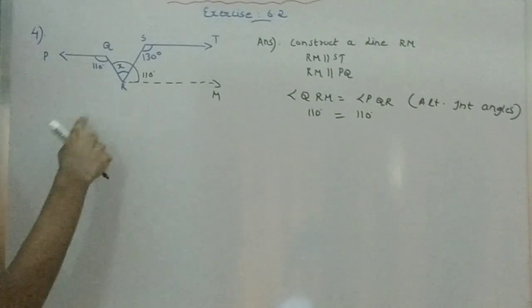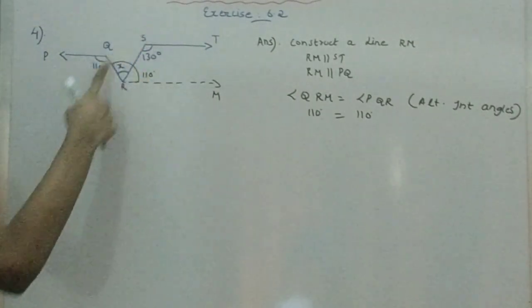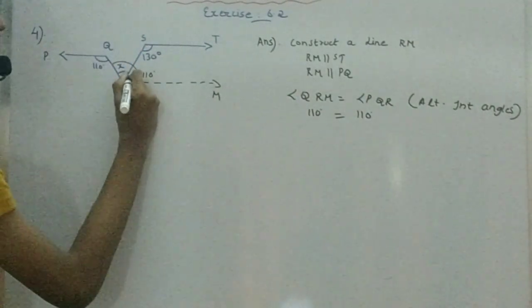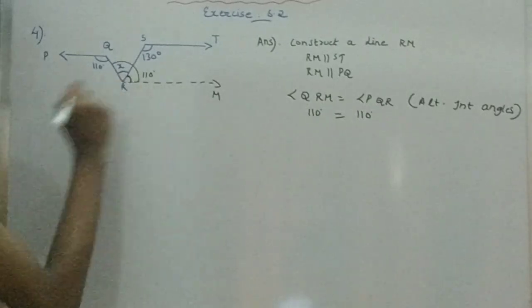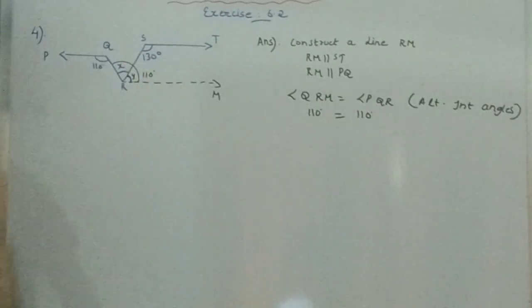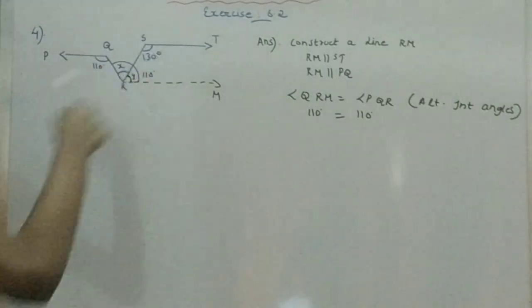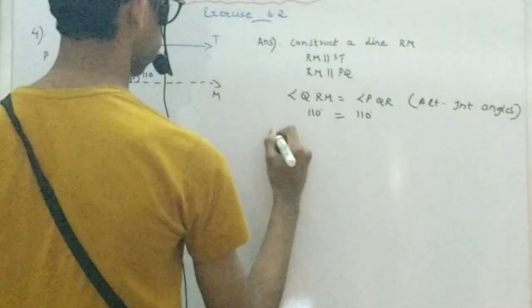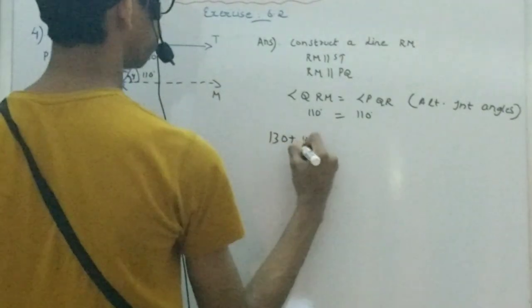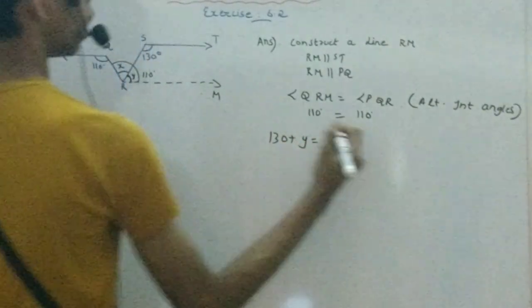Now if you see over here this angle SR, that is this small angle, let me name it as say Y. So the small angle Y and this angle 130, aren't they co-interior angles? Yes. So from here I can write 130 plus Y is equal to 180 degrees.